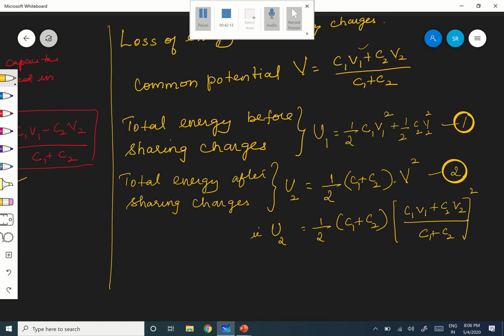Now, how to find U1 minus U2? We find it just to conclude whether there is energy loss.